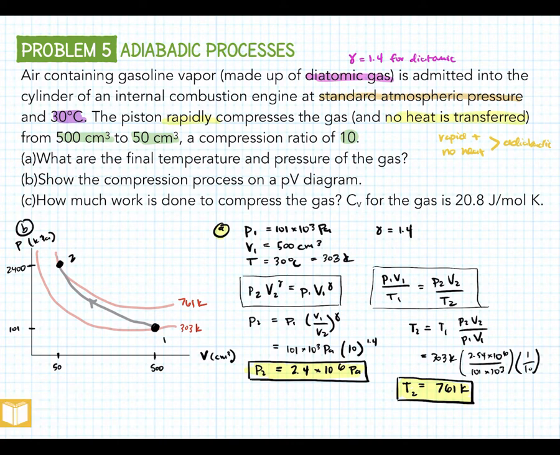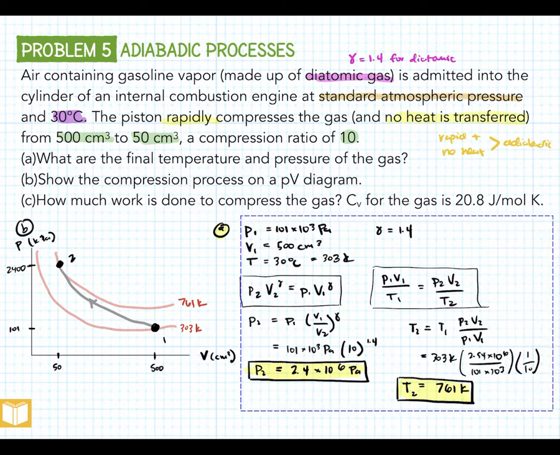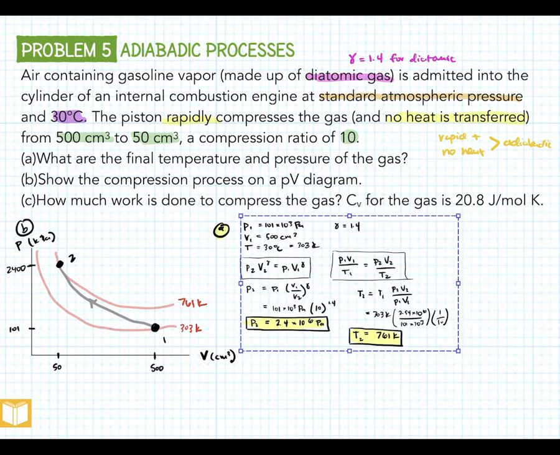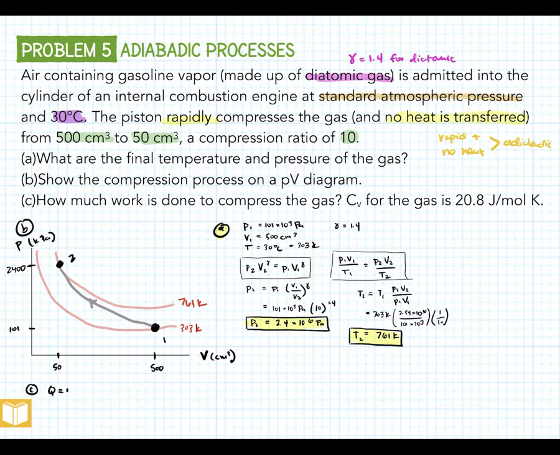All right. Part C asks the work done to compress the gas. So let me just move this up a little so we have some space. And we're going to figure out part C. So in order to get the work, remember Q is 0 for all adiabatic processes.